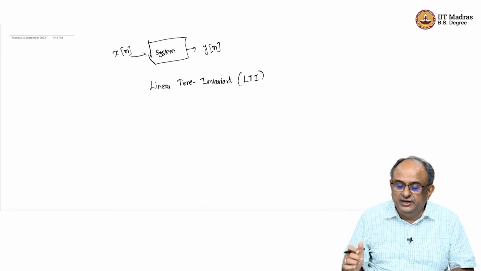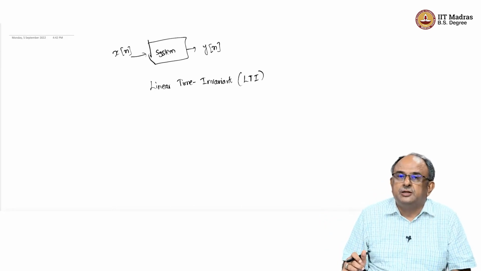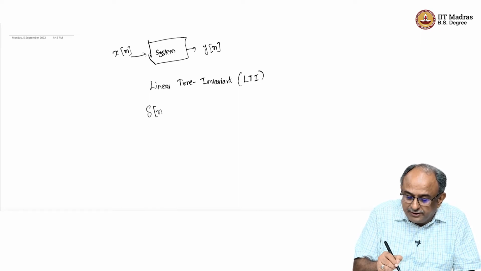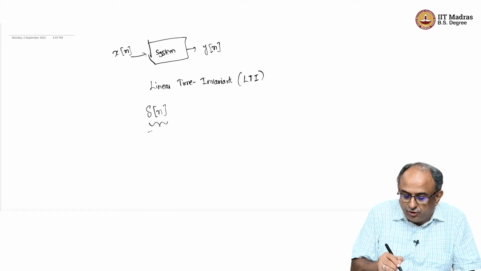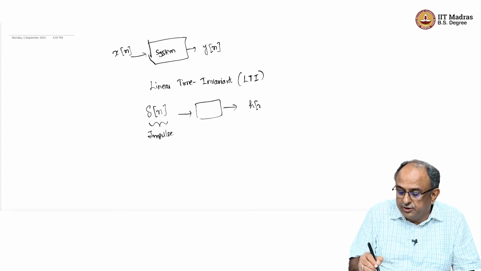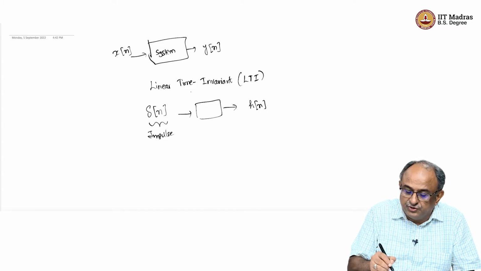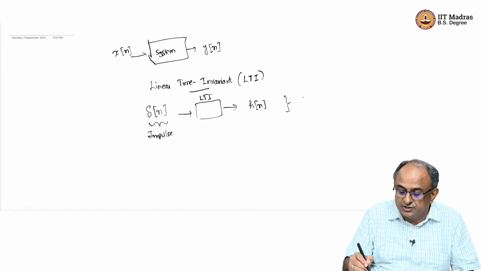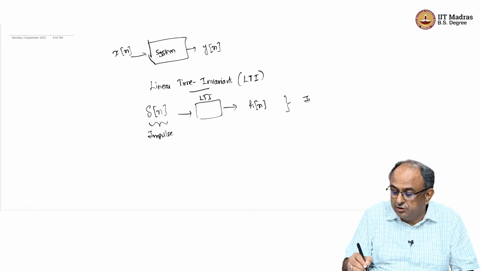If you have a linear time invariant system, the beauty of the system is that if I feed what is called an impulse, okay, and again, if you have forgotten all of this, you can look it up in the previous beginning lectures, you will get an output, right. So this is a system which we are assuming is LTI, and this is the response of the system to the impulse. This is called the impulse response.